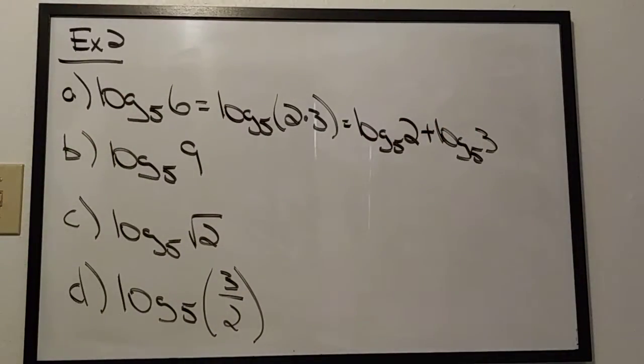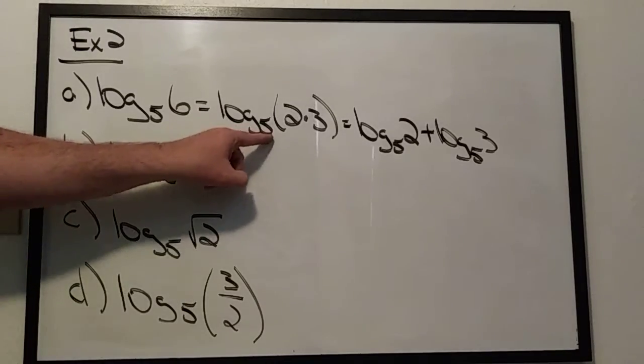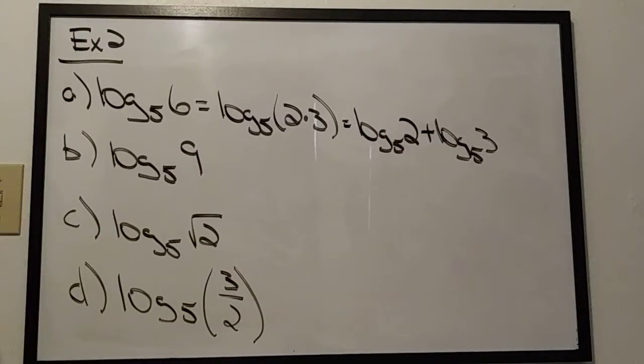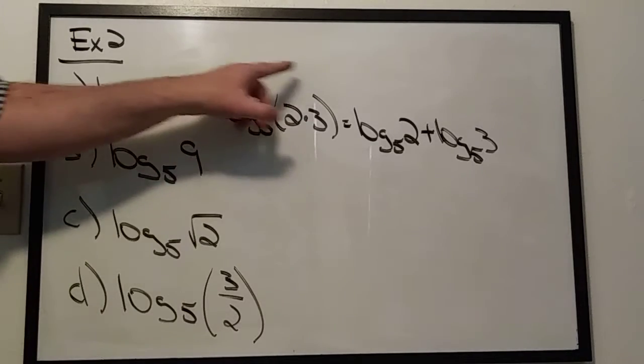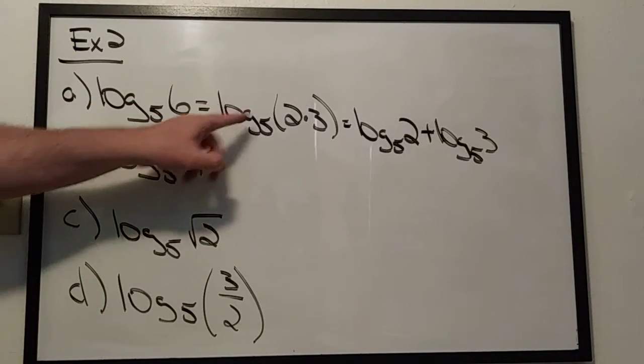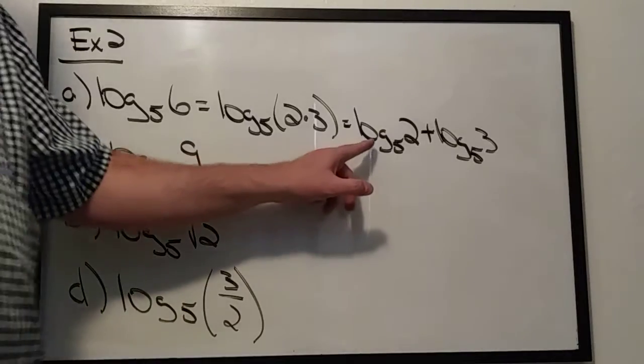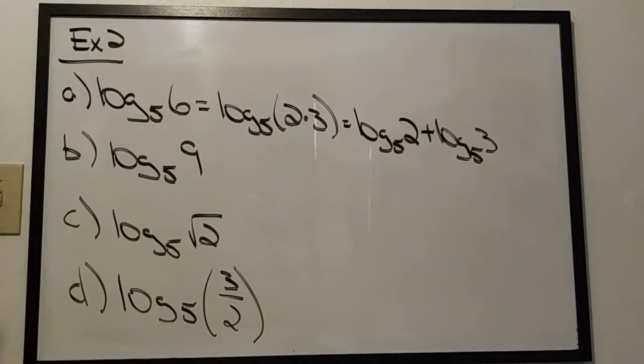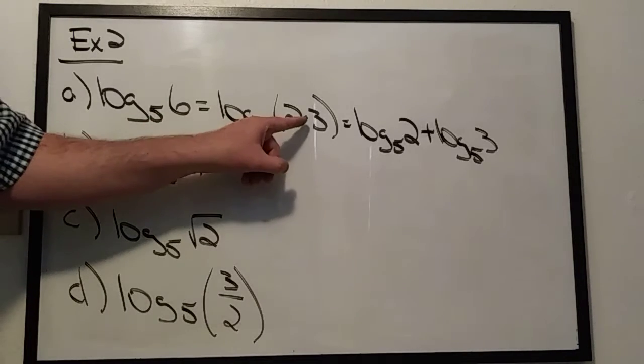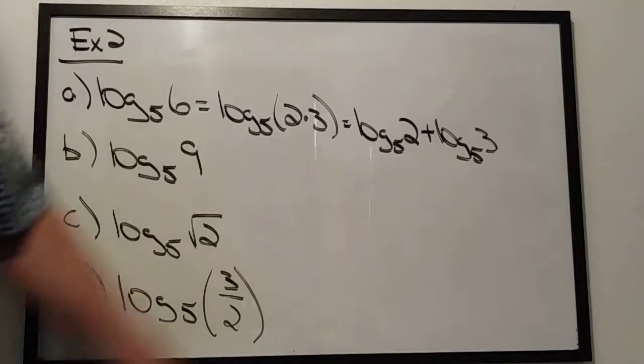Now there are lots of things I want you to notice about what I just wrote on the board. Item number 1, notice the base of all these logs is the same. Item number 2, remember once again that I have one copy of the log when it's written as a multiplication, but I have two copies of the log when it's written as the addition. One more reminder, there's a connection between multiplication and addition.